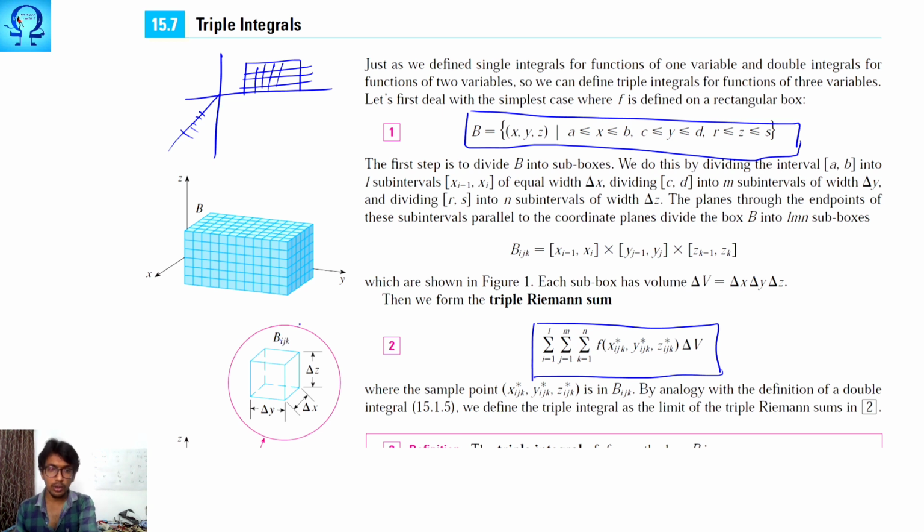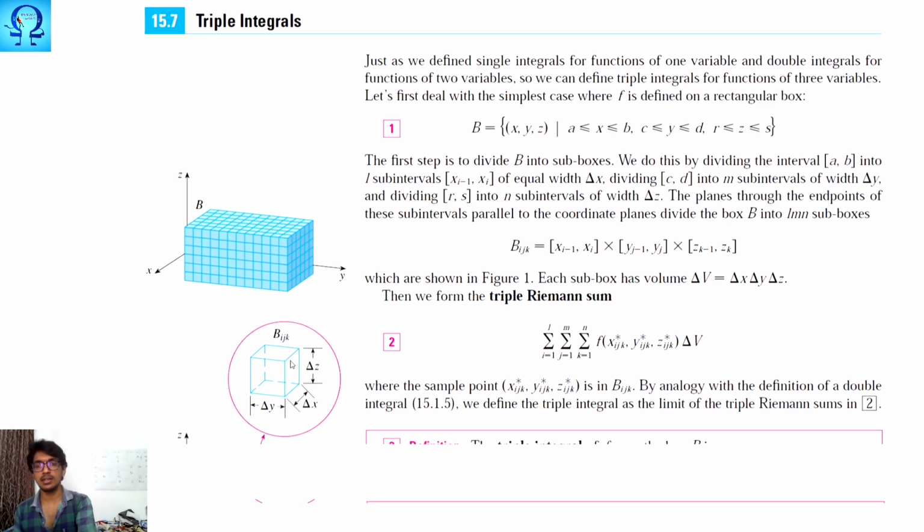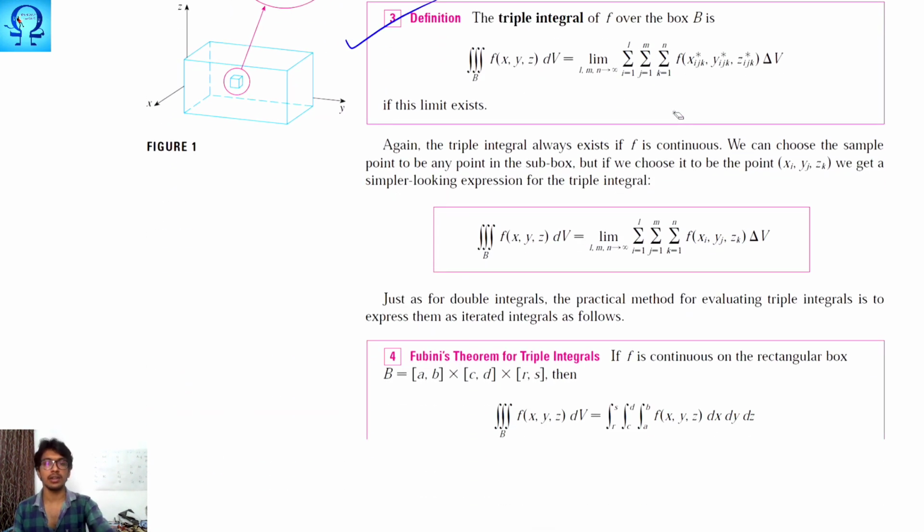You integrate over this region, and the integrals over all such regions have to be added up finally. Again, if you have a fixed box, a cuboid, given by the dimensions [a,b] cross [c,d] cross [r,s], then your integral can be written like this.